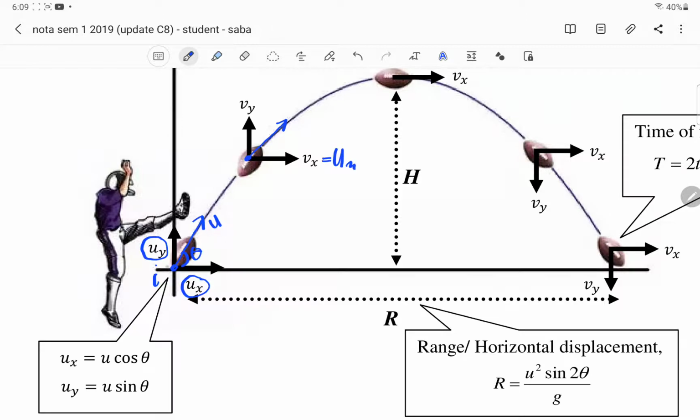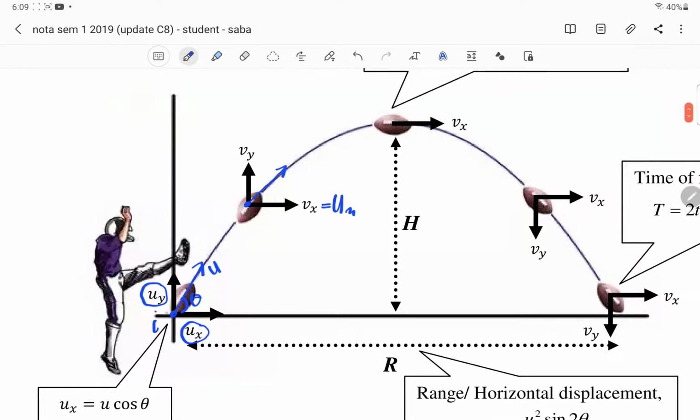Vy change dalam arah Y, the velocity changes because in Y components there has acceleration under gravity acceleration negative g. At maximum height, the velocity component Vx is always constant, is always equals to Ux, but the vertical component Vy at maximum height is equals to 0.